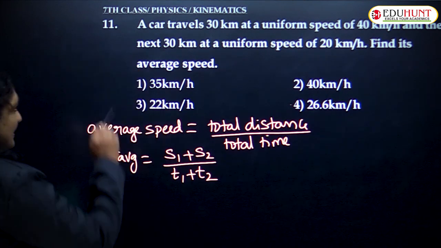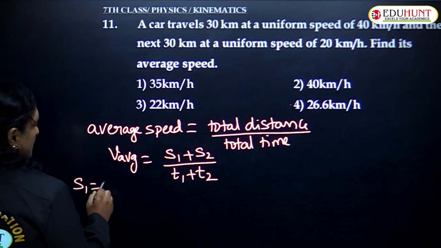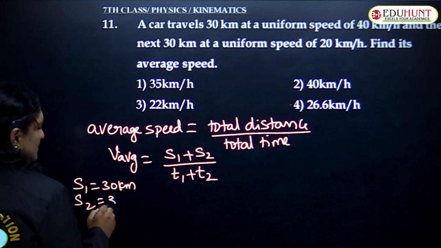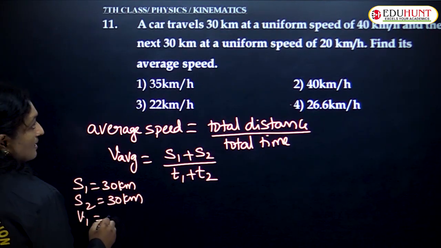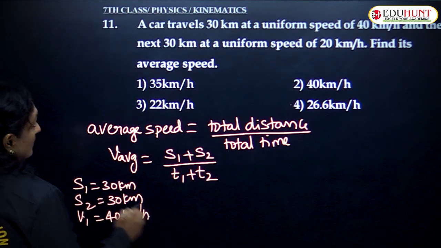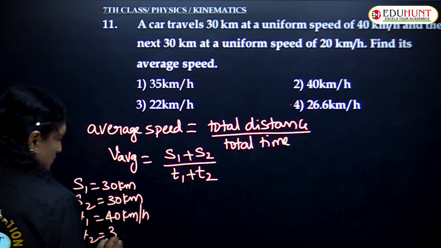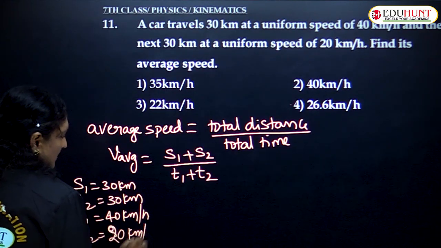So, first of all, let us write the given data. S1 is 30 kilometers. S2 is also 30 kilometers. V1 is 40 kilometer per hour and V2 is 20 kilometer per hour. So this is the given data.